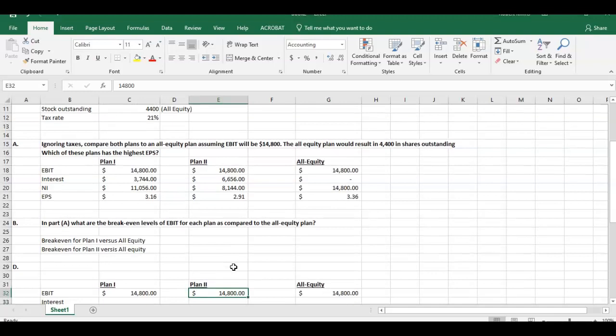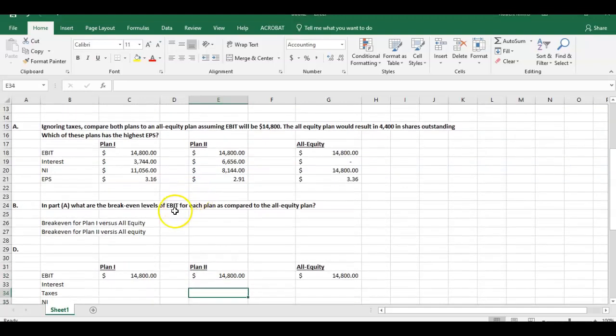Now, we go down here for part B. It says in part A, what are the break-even levels of EBIT for each plan as compared to the all equity plan? So we can walk through this example, calculating versus the all equity plan for plan 1 and plan 2, what are the break-even levels of EBIT for these guys?